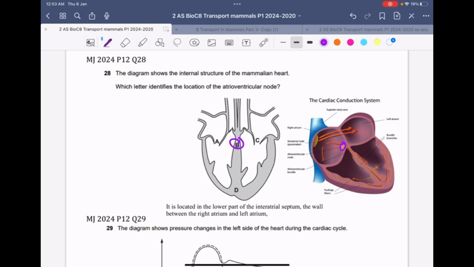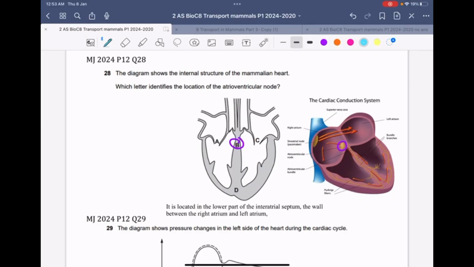Atrioventricular node is at B. So B is the position where the AV node is located, between the lower part of the interatrial septum. We can look at this picture, right? The AV node is located between the interatrial septum, which is between the right atrium and the left ventricle, around here.